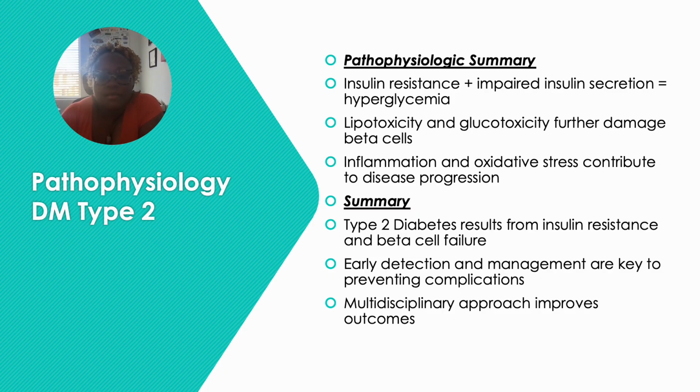You have inflammation and oxidative stress contributing to the disease progression. Type 2 diabetes results from insulin resistance and beta cell failure. Early detection and management are key to preventing complications, and a multidisciplinary approach improves patient outcomes.